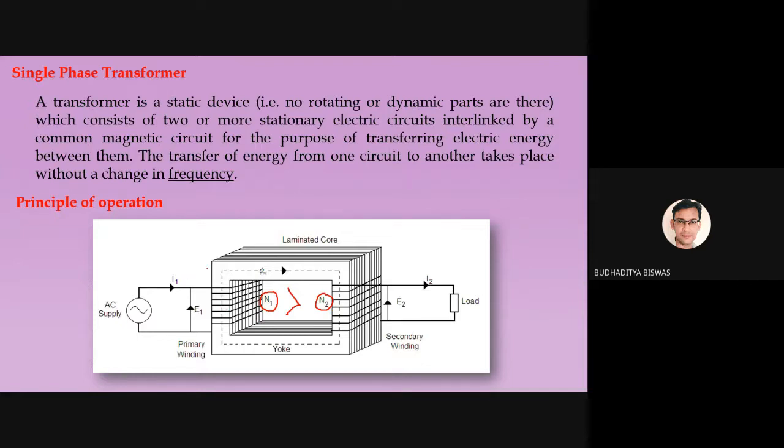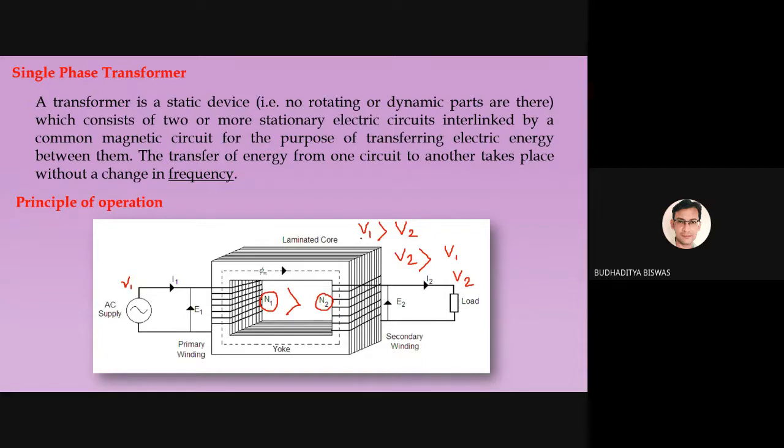So suppose this voltage is V1 and this terminal voltage is V2. Depending upon the number of turns, either V1 is greater than V2. What is the condition for V1 greater than V2? The number of turns in the primary winding is more than the number of turns in the secondary winding. Or V2 is more compared to V1: if N2 is more compared to N1, then V2 is greater than V1.